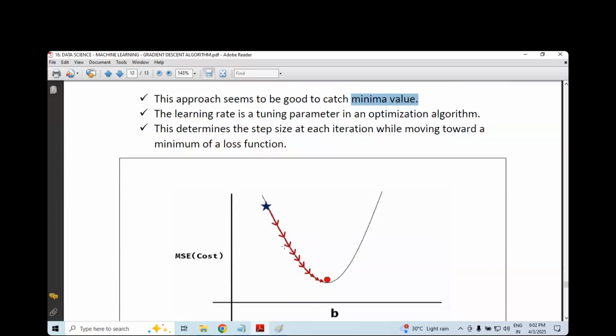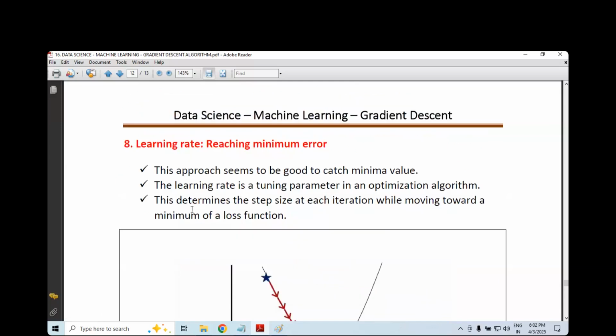Whenever it is reaching the minimum, it is exactly like taking a U-turn: your speed will be very slow. Here you can go a little speed, but make it slow, slower, and at last very slow. You can come to first gear also. Are you with me, sir? This approach seems to be good to catch the minimum value.